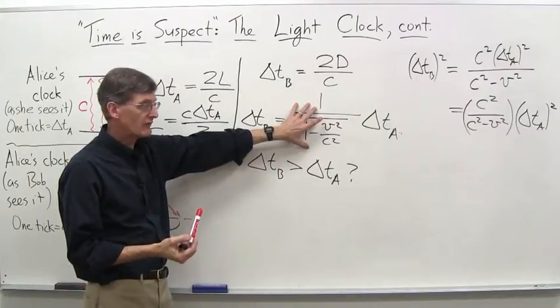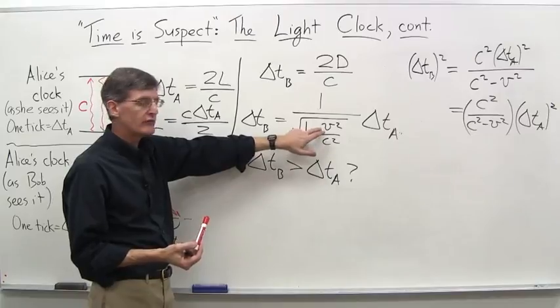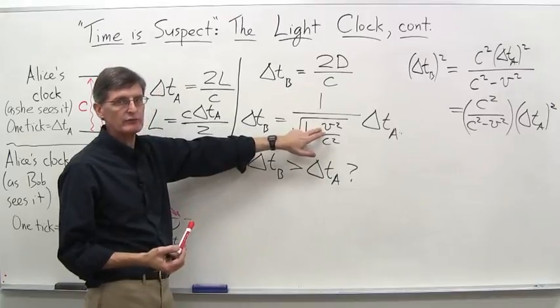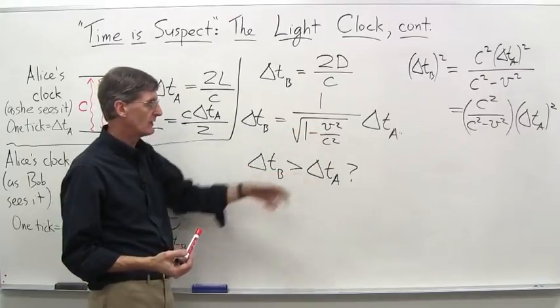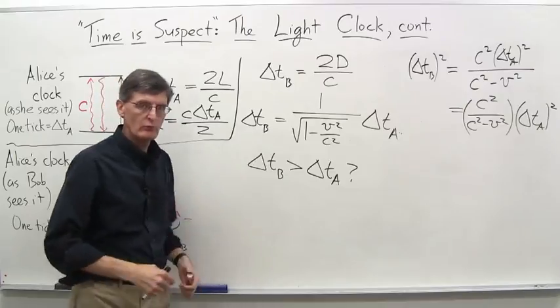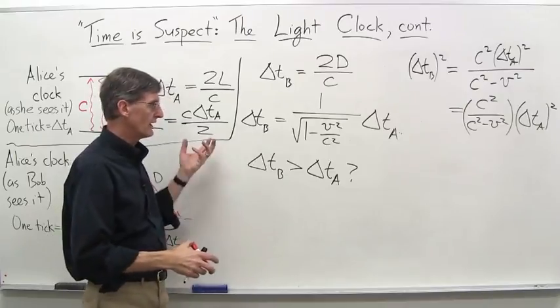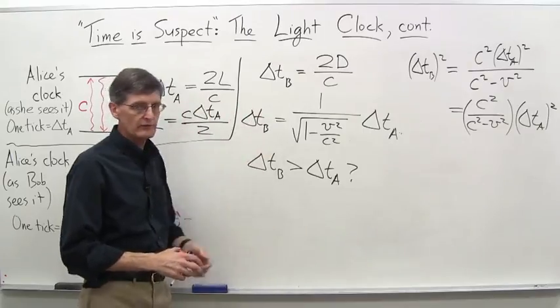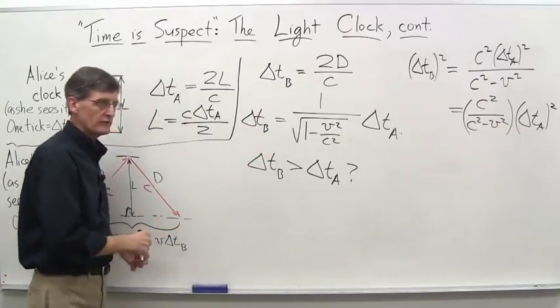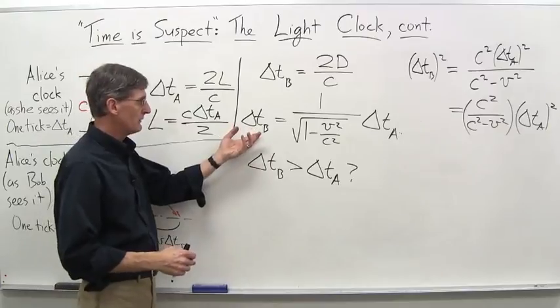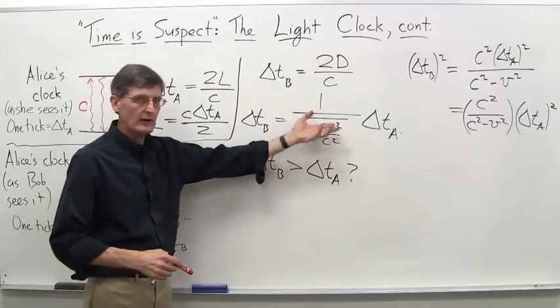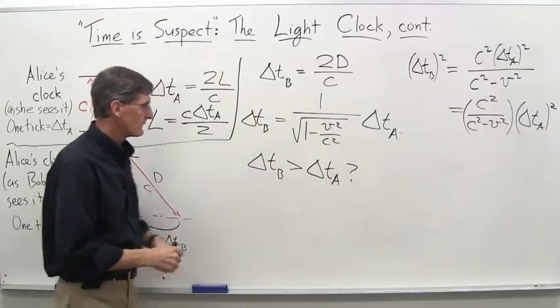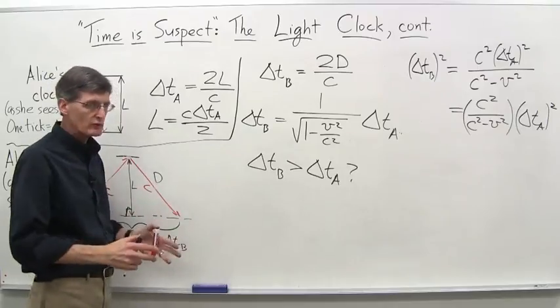But it's an indication from the mathematics that Alice's velocity can never be equal to the speed of light. In fact, we'll do more arguments later on this, essentially that nothing can travel at the speed of light because you get these contradictory situations that delta TB equals infinite times delta TA. Okay? So rule that situation out.